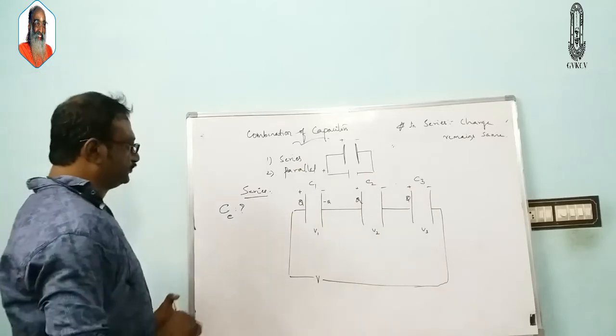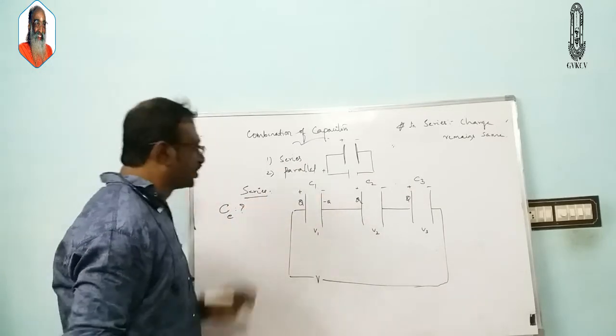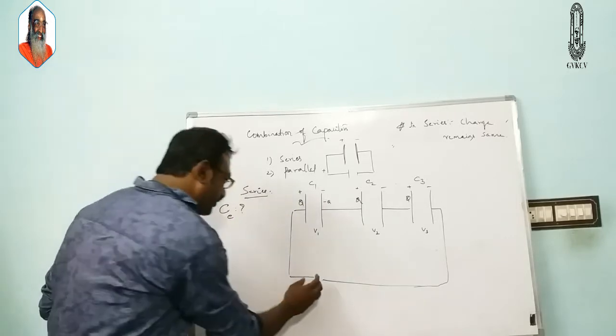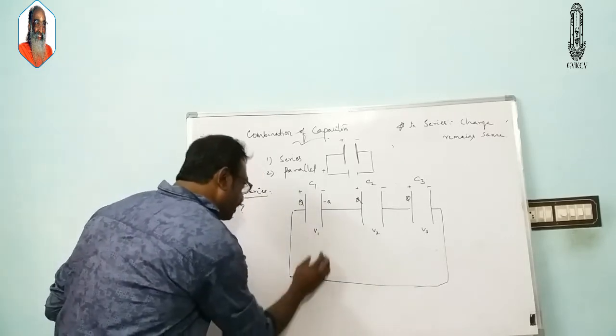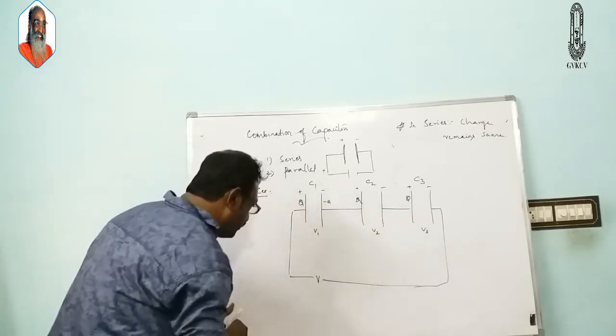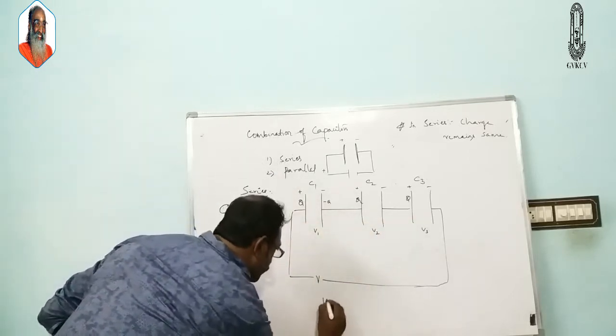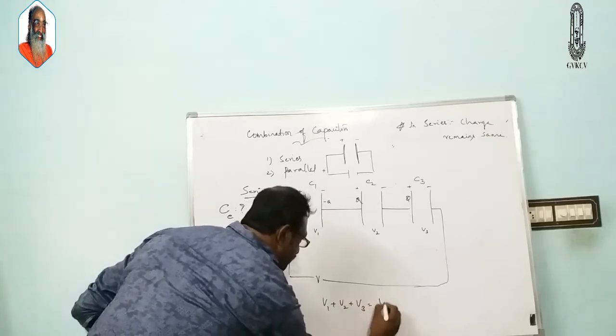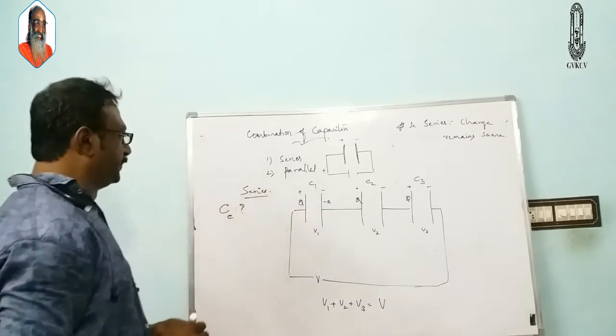So now this is what we are going to observe initially during this combination. What do we observe here? If we apply potential V, here we are going to see the potential as V1 and V2 and V3. And if we add V1 and V2 and V3, we get the total potential applied there.